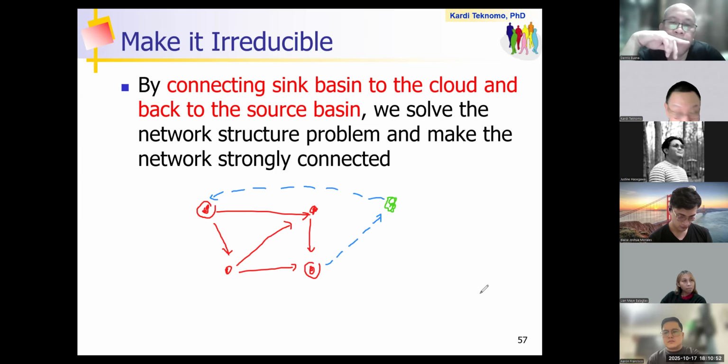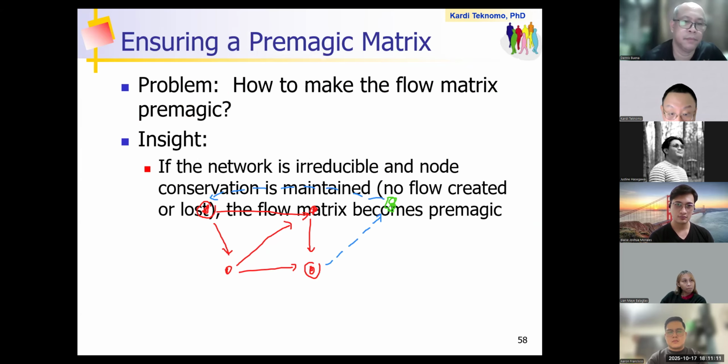Now the network becomes strongly connected. Is it clear or not? Okay. So once you can create the strongly connected network, okay.